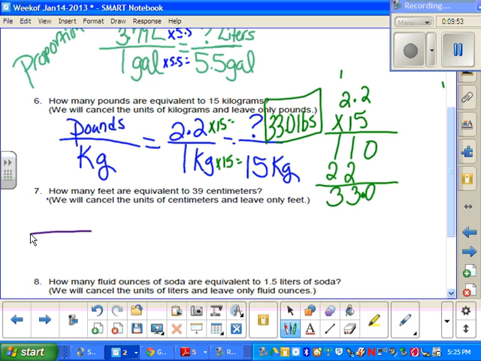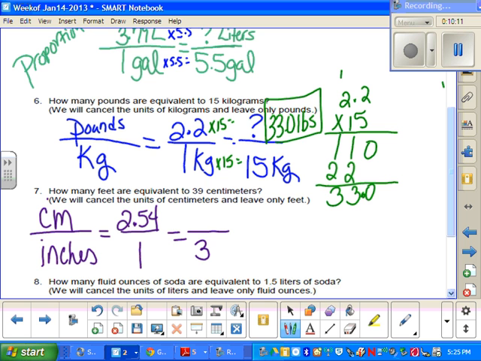We always want to make sure that we have the 1 on the bottom. So we're going to go with inches on bottom and centimeters on top. Okay, sorry guys. So we have 2.54 centimeters in 1 inch. And now we want to look at how many with 39.